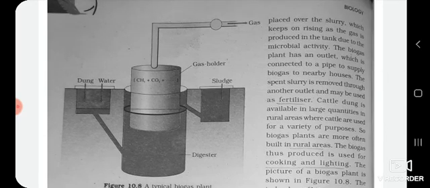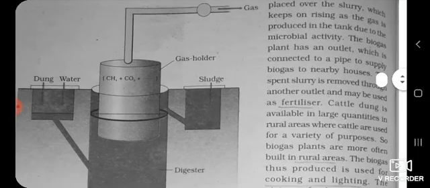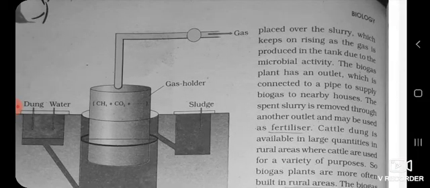Now we will discuss the next part from the NCERT, that is, a floating cover is placed over the slurry which keeps on rising as the gas is produced in the tank due to the microbial activity. We have seen that when dung is mixed with water we call it a slurry. This slurry has a cover which is not tight, it is a floating one, because this cover allows the rising of the gas in the tank due to the microbial activity.